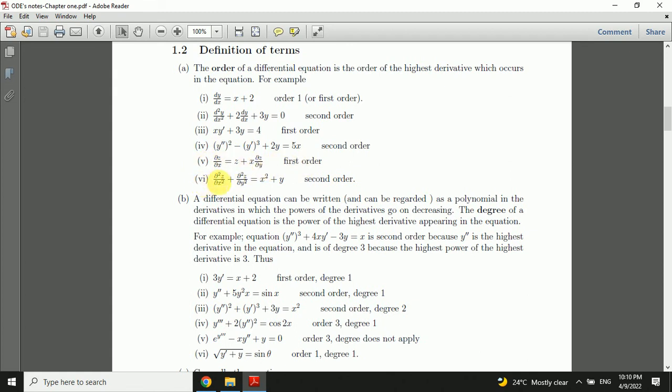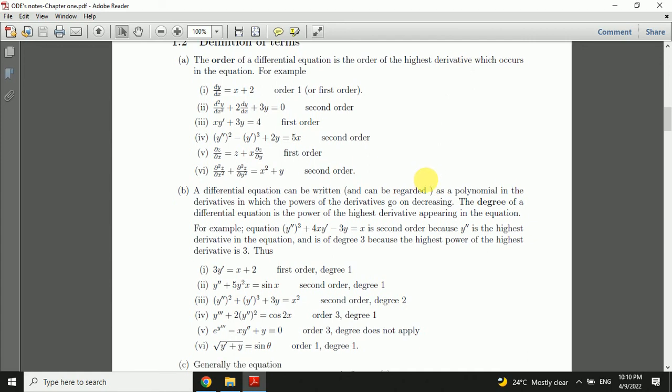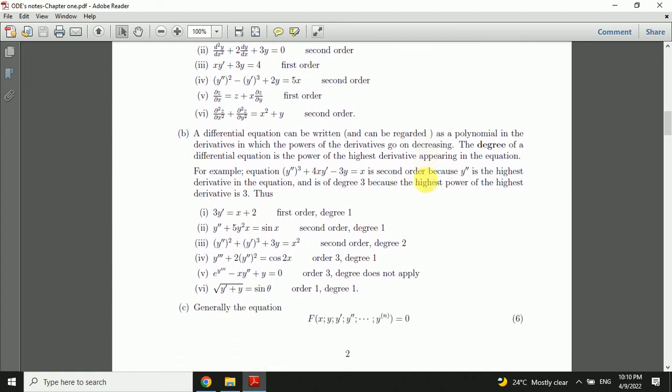The sixth one is the second order. So that is the order of a differential equation. Just look at the unknown function and find out how many times it was differentiated. That is the highest derivative, and that will be the order of that differential equation.